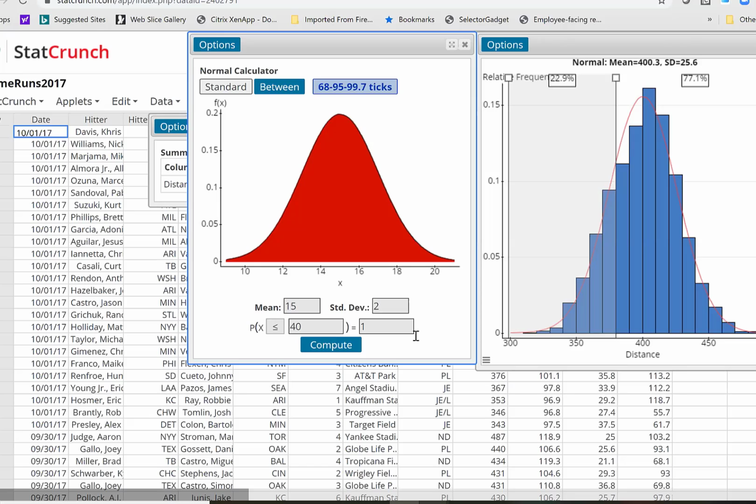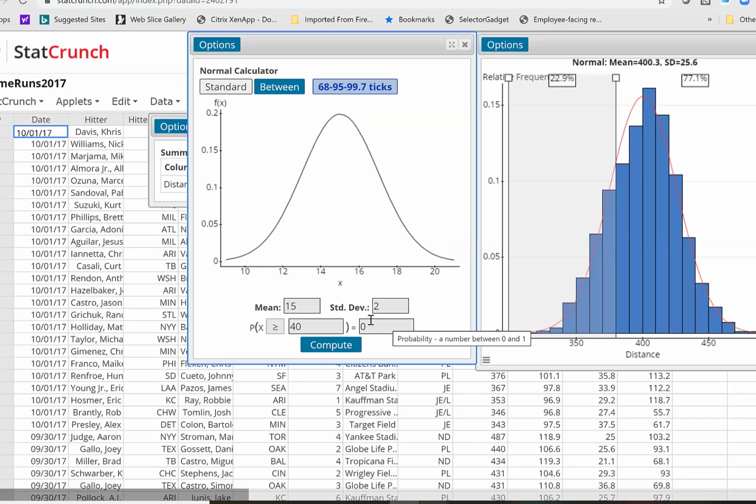The odds of that happening are pretty slim, because if you saw an observation of 40 with mean 15 and standard deviation 2, you'd wonder what the heck is going on. Likewise, the area under the curve to the right of 40 will show 0 when it really isn't. It's more like 0.0000, tons of zeros, and then maybe a 1, because the curve approaches but never touches the horizontal axis.